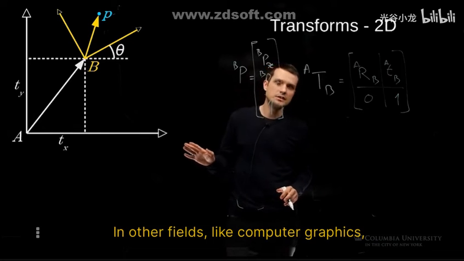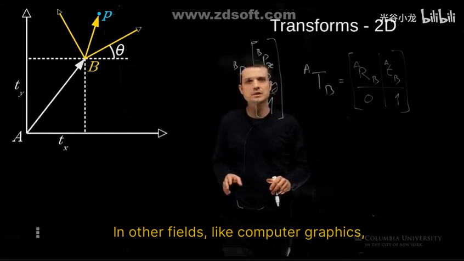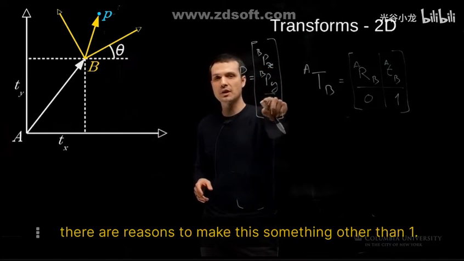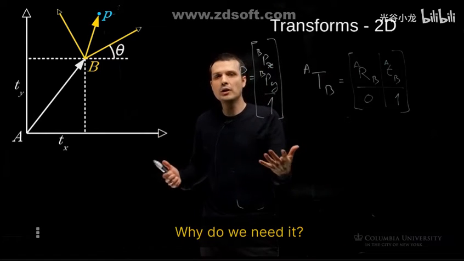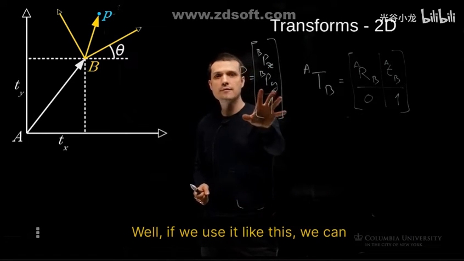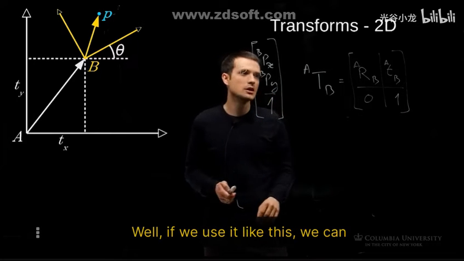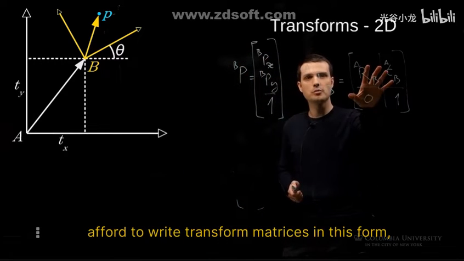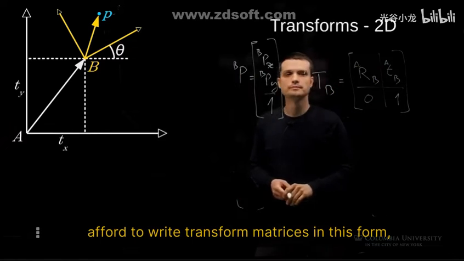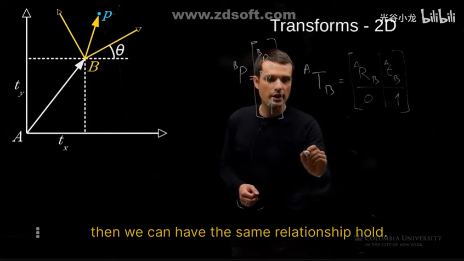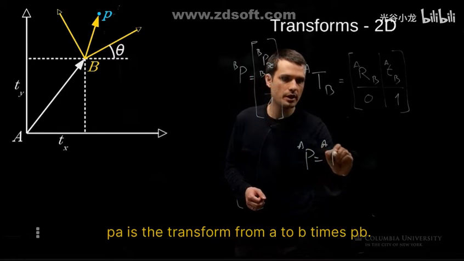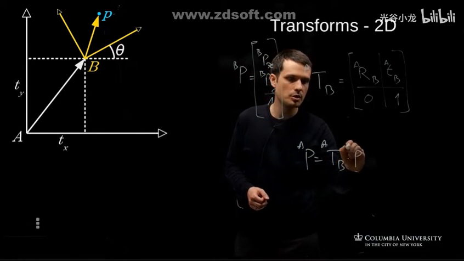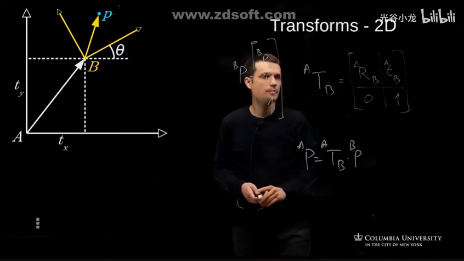In other fields, like computer graphics, there are reasons to make this something other than 1. But in robotics, this is always a 1. Why do we need it? Well, if we use it like this, we can afford to write transform matrices in this form. Then we can have the same relationship hold. PA is the transform from A to B times PB. Okay.